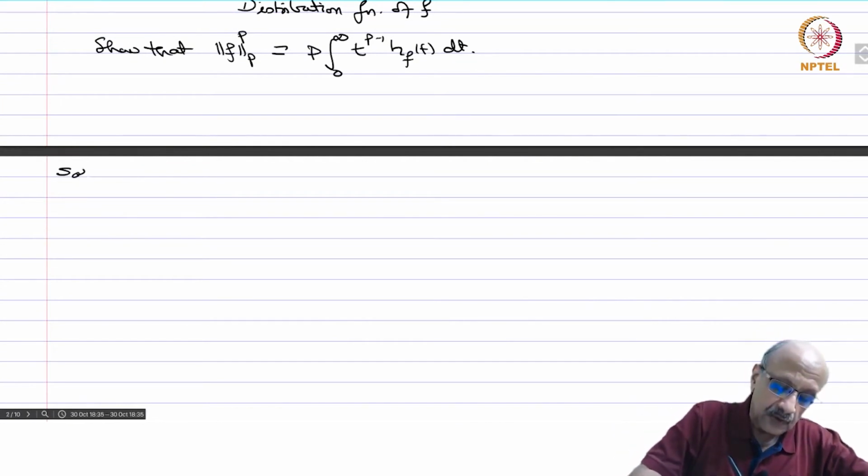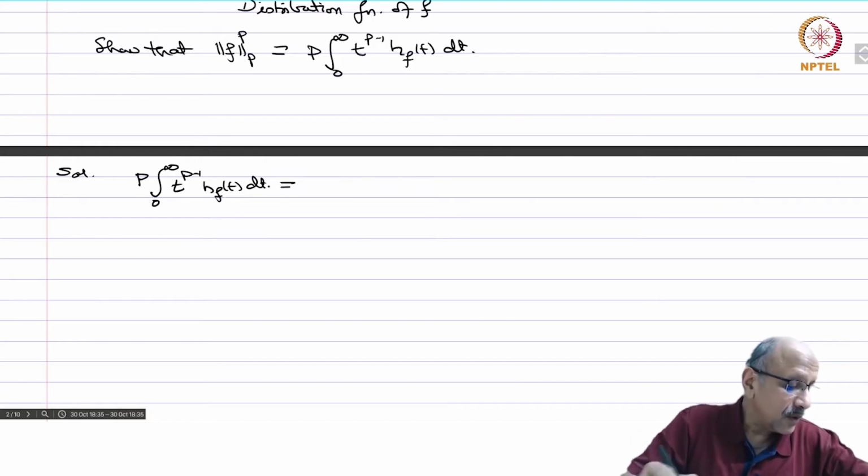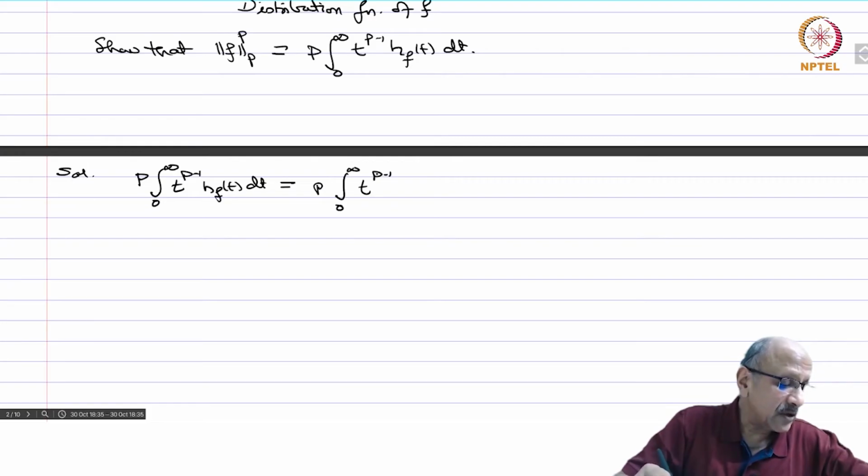So solution. Let us take the right hand side, p times the integral from 0 to infinity of t^(p-1) h_f(t) dt. So this is equal to p times the integral from 0 to infinity of t^(p-1). Now what is h_f(t)? It is a measure of some set.